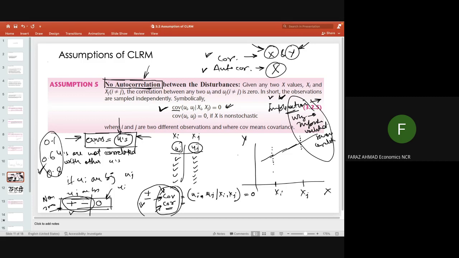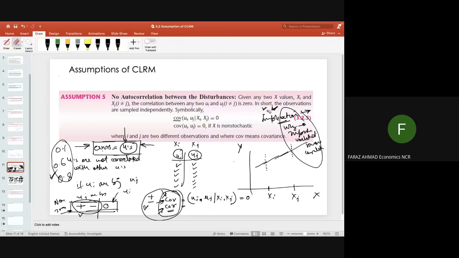Okay, I'll repeat assumption 5 again, but a little more quickly. If you want to ask a specific question, you can ask in this assumption, or do you want me to explain it overall?